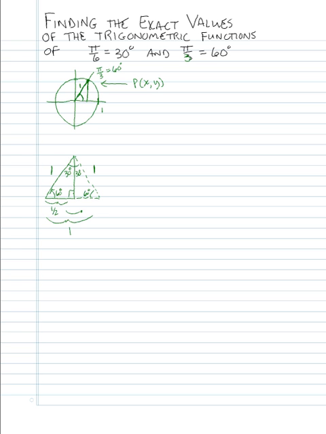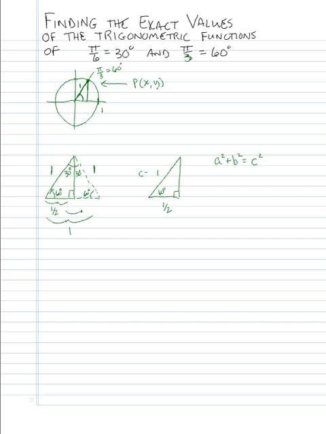Now, let's come back to this original triangle that we had. So now we know, remember this is 60 degrees right here. We know that this is 1 and this is 1/2, and this is a right triangle. Well, in a right triangle, what do we have? A squared plus b squared has to equal c squared, where a and b are the legs and c is the hypotenuse.